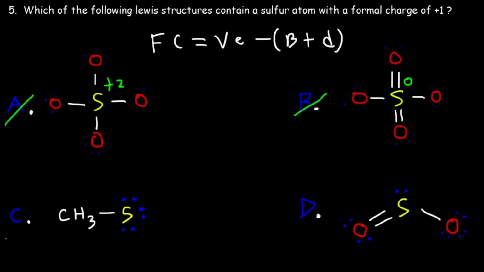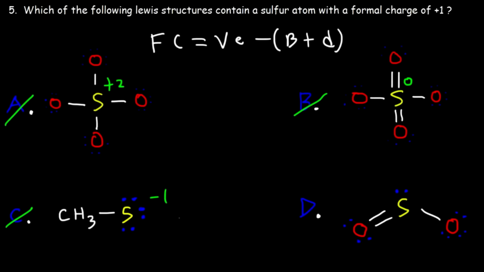Now let's move on to C. Sulfur has 6 valence electrons, and in this structure, sulfur has only 1 bond, but notice that it has 6 dots. 2, 4, 6. 1 plus 6 is 7, and 6 minus 7 is -1. Therefore, we can eliminate answer choice C.